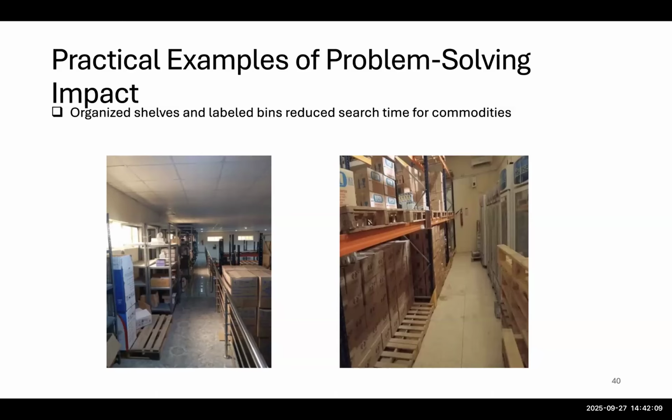And the good news is we continue to work on continuous improvement, because continuous improvement brings about operational efficiency, and at the end of the day, you get organizational excellence. So these are some of the impacts that we have seen following the introduction of these solutions to our problem. Next slide.